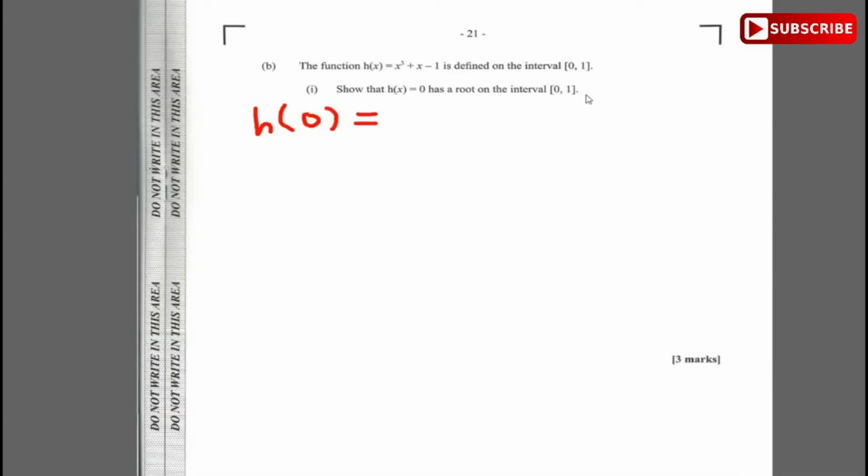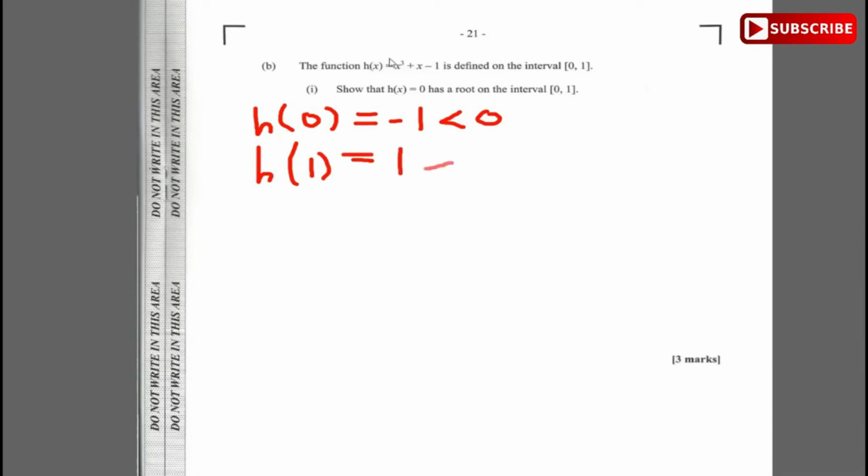Plugging in 0, we get minus 1, which is less than 0. And then we plug in h of 1. Plugging in 1, we get 1 cubed plus 1, which is 2. 2 minus 1 is 1, which is greater than 0.